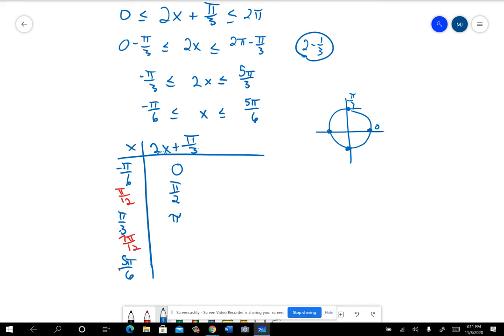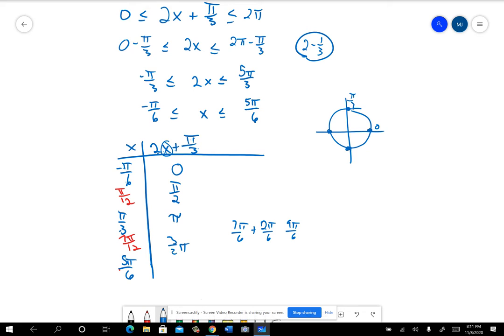7 pi over 12, that becomes 2 times 7 pi over 12, which is 7 pi over 6, plus pi over 3, which is 2 pi over 6. That's 9 pi over 6, which becomes 3/2 pi.